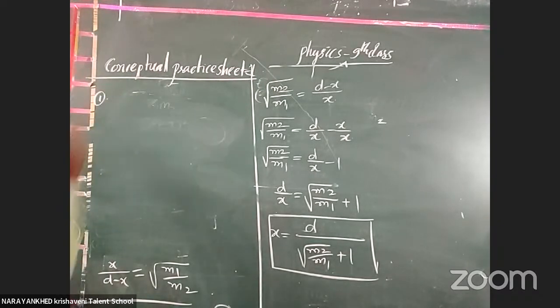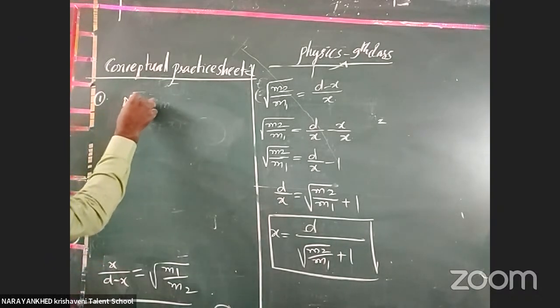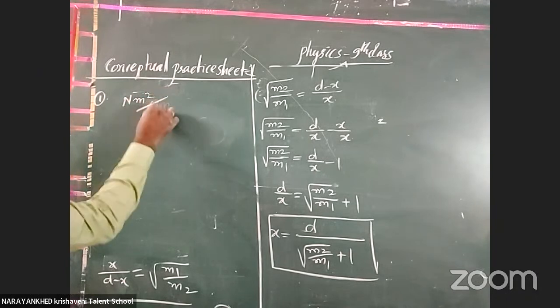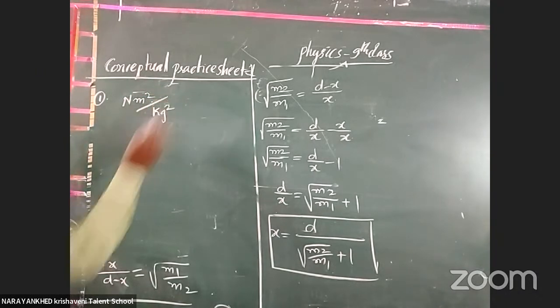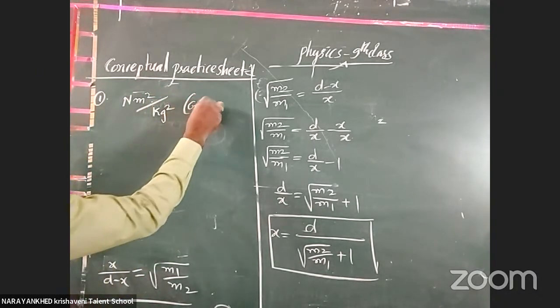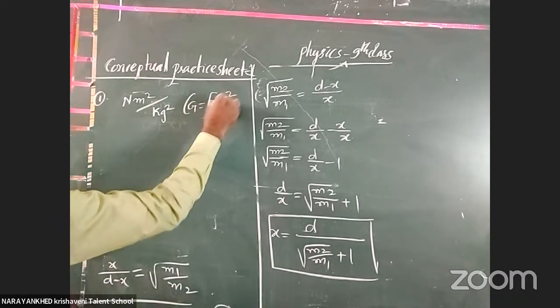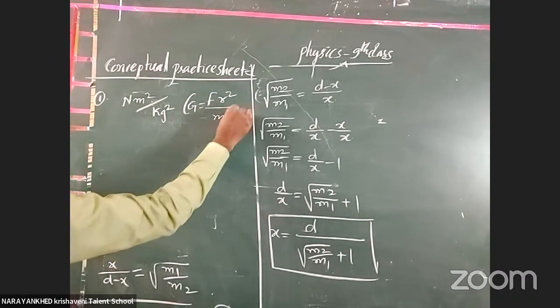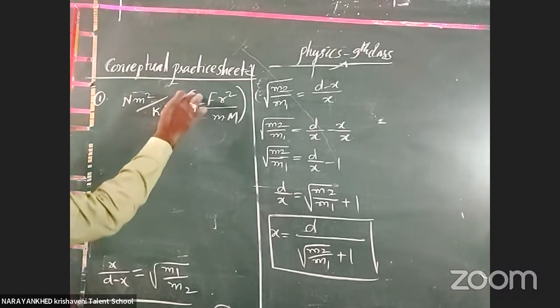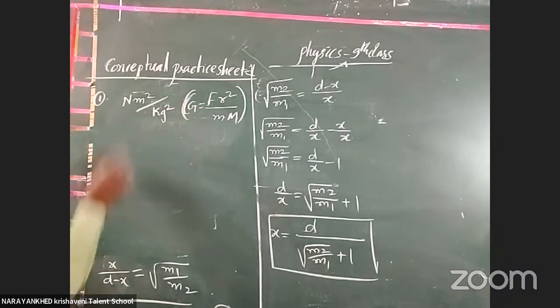First one, the SI unit of the universal gravitational constant G is Newton meter square by kg square. Why? Because G is equal to F into r square by M into M.